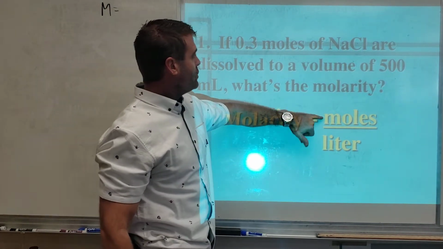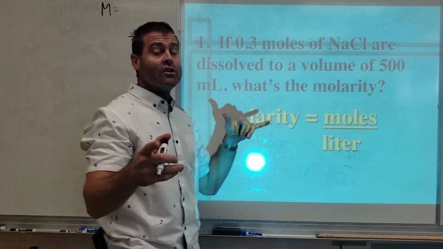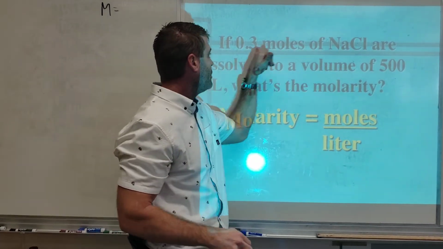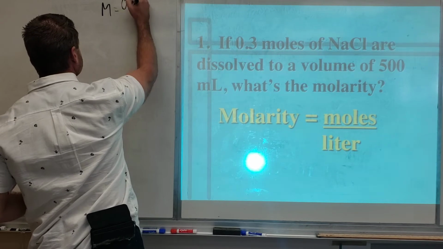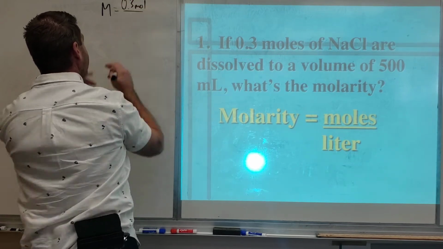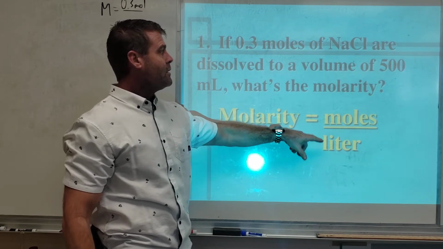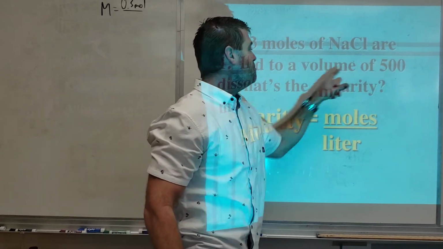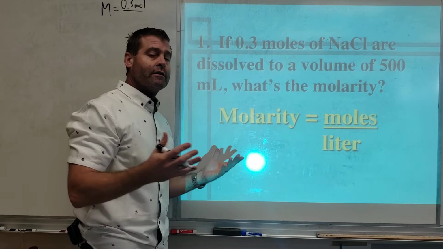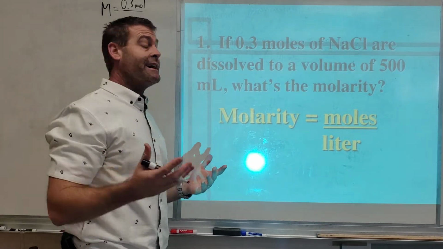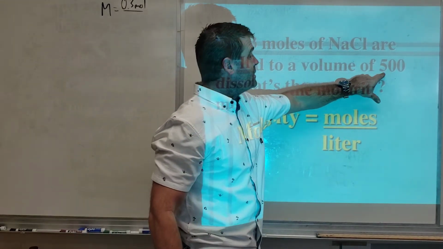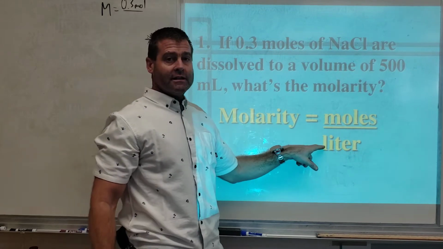On the top goes the moles. How many moles of my solute? This is a solute. That's the substance that dissolves, which is the salt. I have 0.3 moles. And I'm dividing that. It's per, now think about what do we have to do? It says per liter, but we are given the volume in milliliters, 500 milliliters. 500 milliliters is actually half a liter. A liter is 1,000 milliliters. So 500 milliliters, what I'd want to do is convert it into liters.